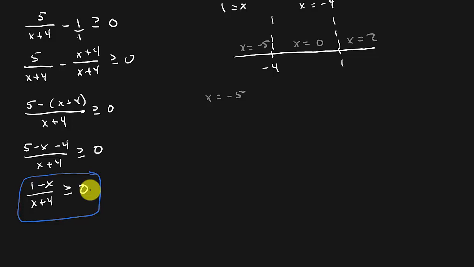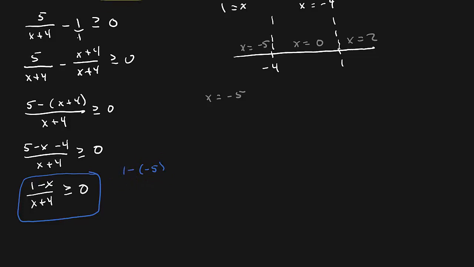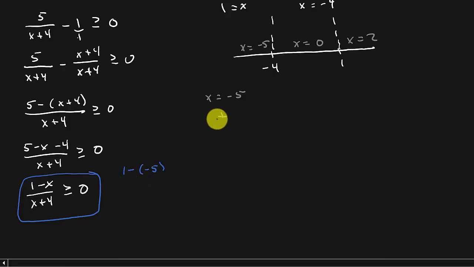So let's plug the negative 5 in. So I've got 1 minus negative 5, which is the same thing as 1 plus 5, which is going to be a positive. Over, and then if I plug negative 5 into here, negative 5 plus 4 is negative 1. That's a negative. And so a positive over a negative is negative. So this is negative right here.